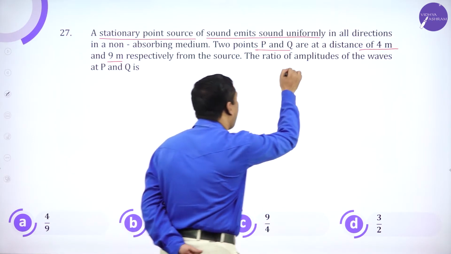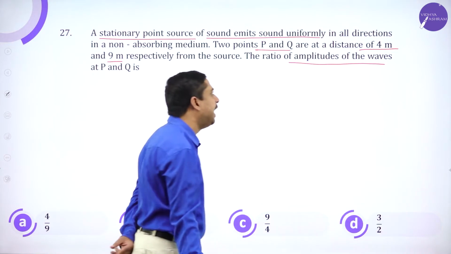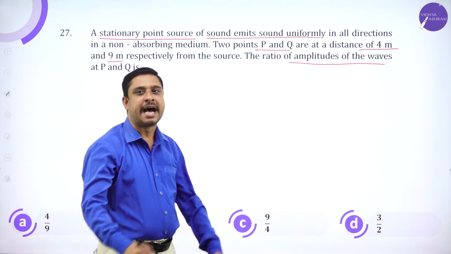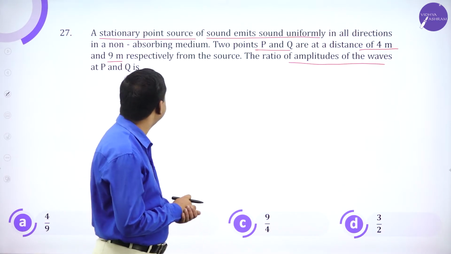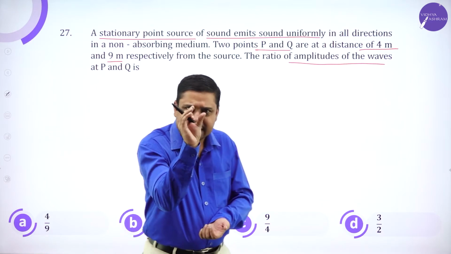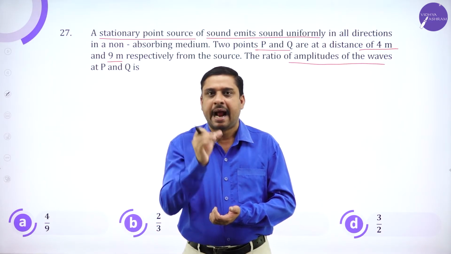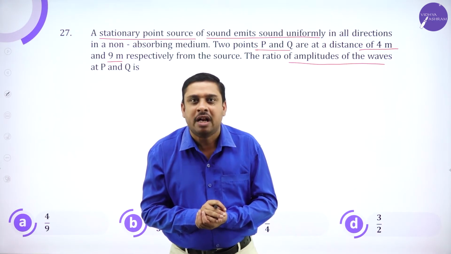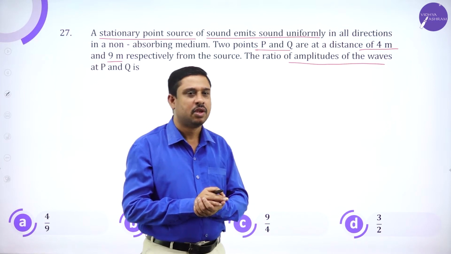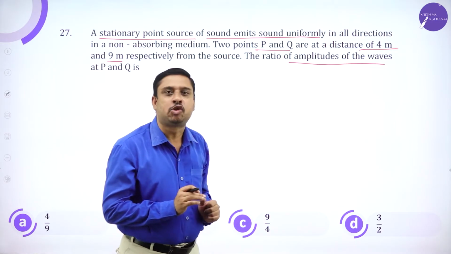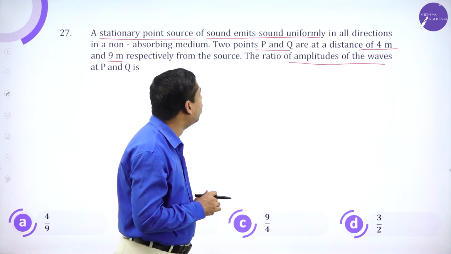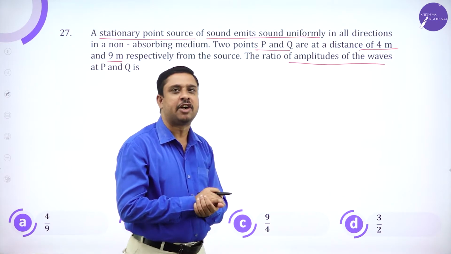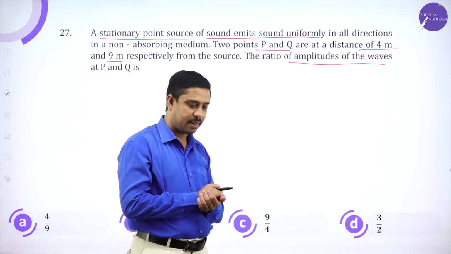The ratio of the amplitudes of the waves at P and Q has to be calculated. He says the source is at rest and it emits sound in all directions. They have considered two points P and Q at a distance of 4 meters and 9 meters from the source.